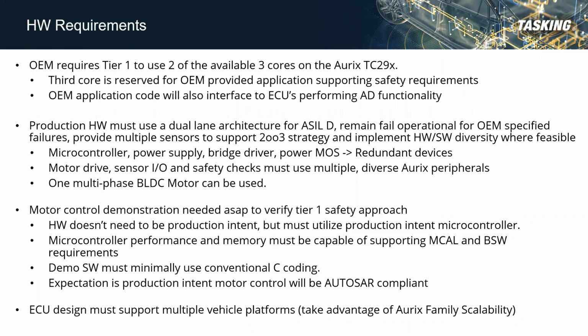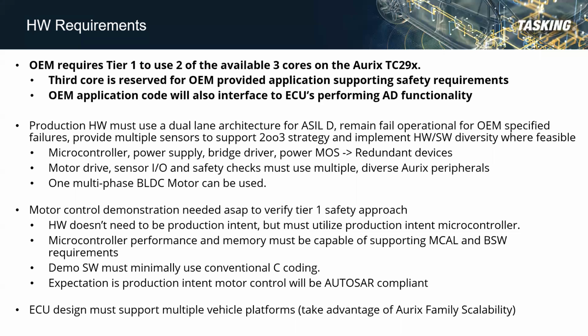Moving on and looking at the hardware requirements that were provided by the OEM to the Tier 1. The first requirement is that the OEM requires that the Tier 1 only use 2 of the available 3 cores of the AURIX 29 series microcontroller. They're specifying only using 2 because the third core is being reserved for the OEM.